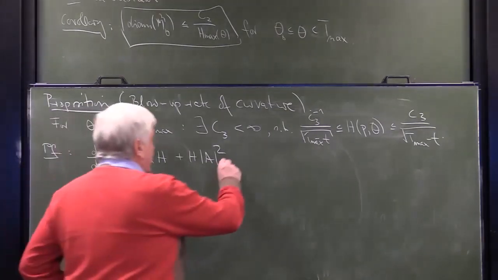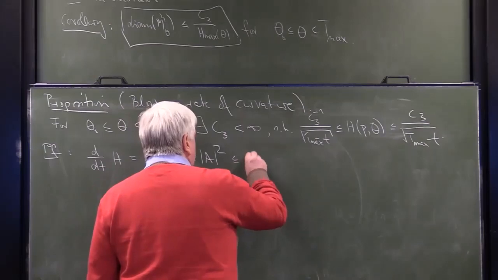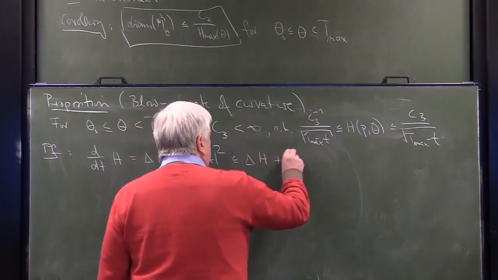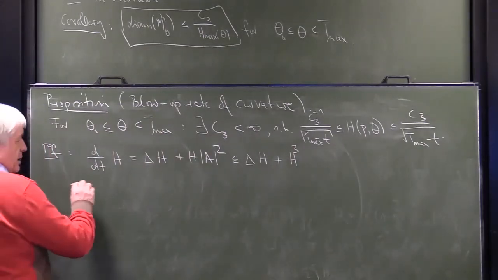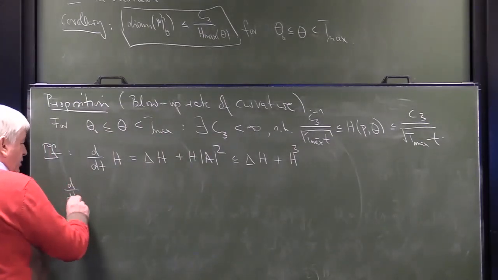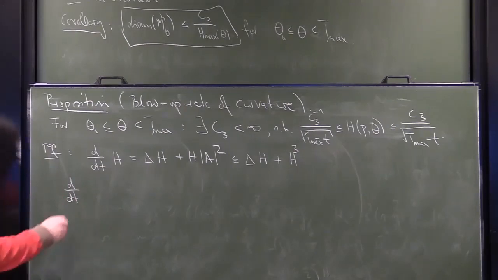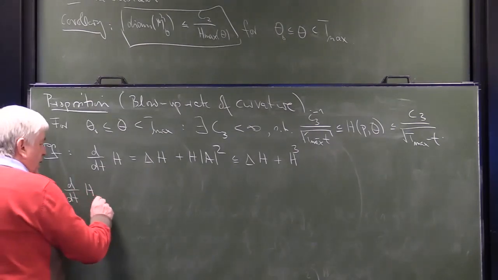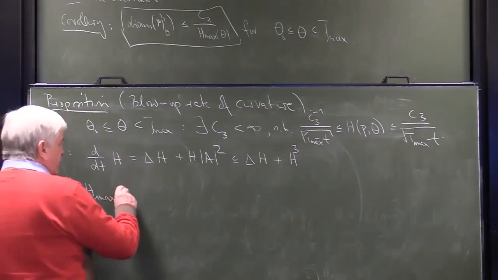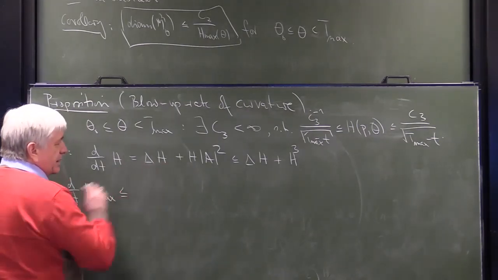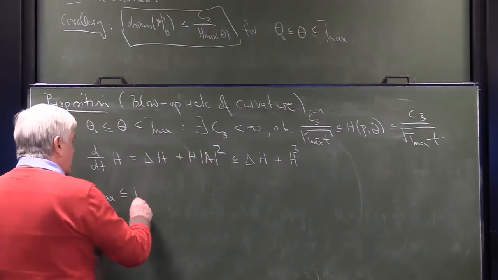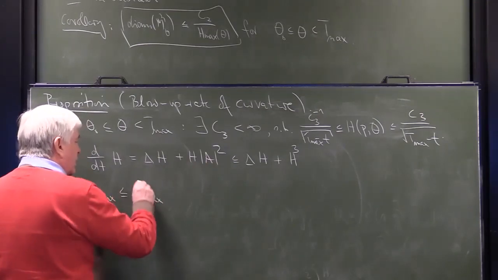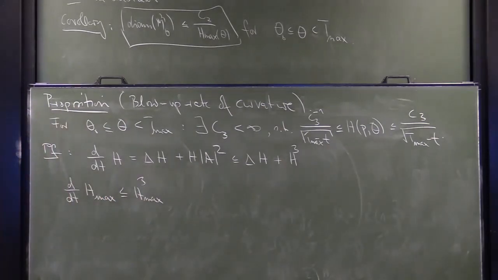And in the convex case, this is of course less than h cubed. This means that in the sense of lim sup of difference quotients, the derivative of h max is less or equal to h max cubed, sort of an ODE in the sense of difference quotients.